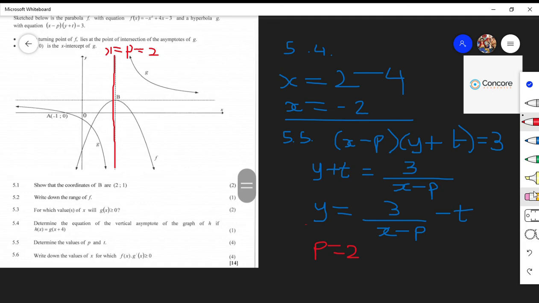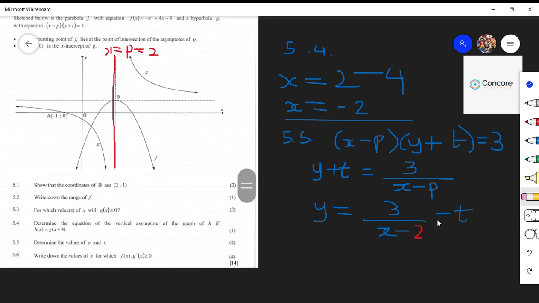So if we wanted to substitute it into here, we can just put our positive 2 value there. And now to find our t value.